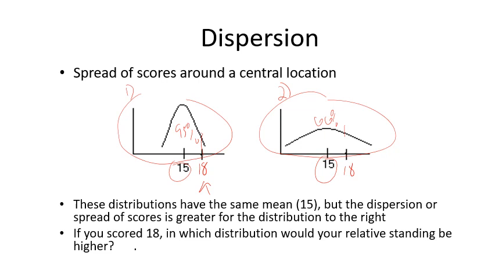That's because the less dispersion there is, the higher you'll be relative to the distribution on any score above the mean. And any score below the mean, the lower you'll be relative to the rest of the distribution. Any fixed value, that is, with a distribution that has less dispersion or less variability.